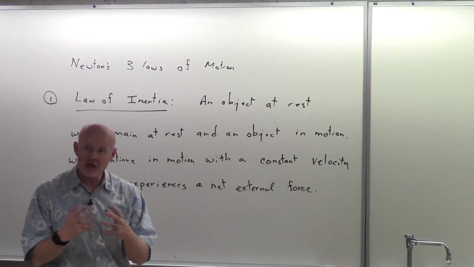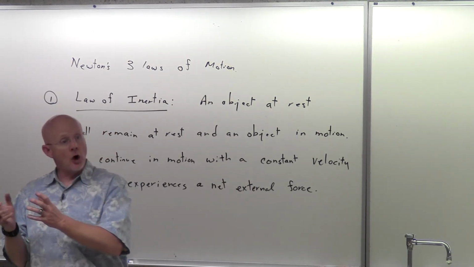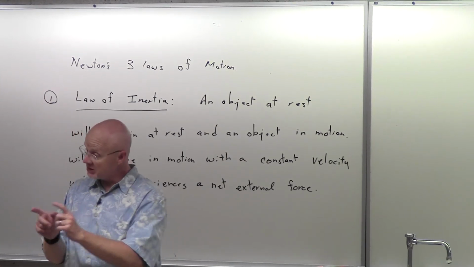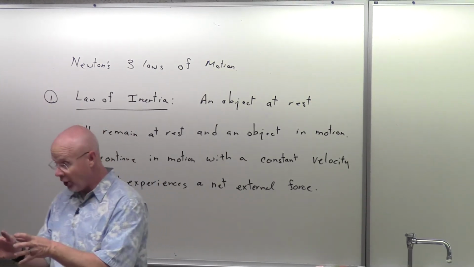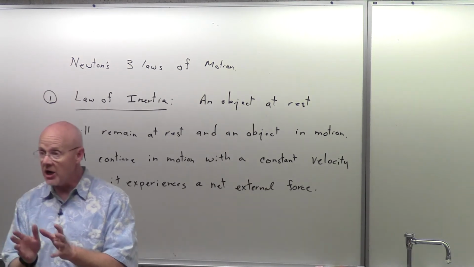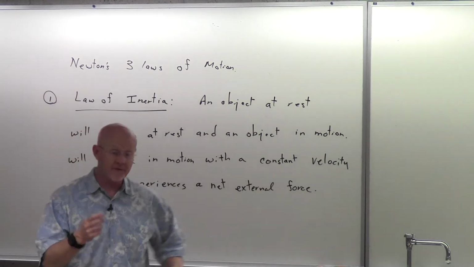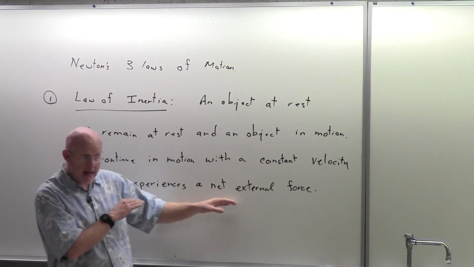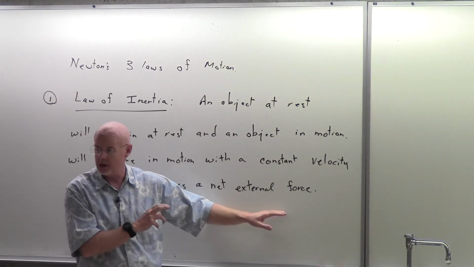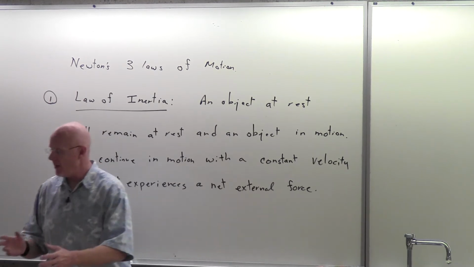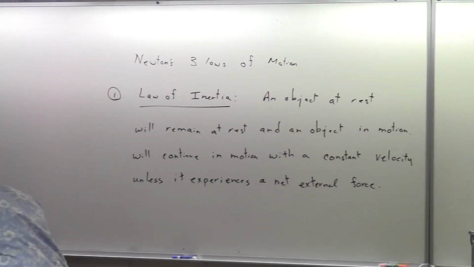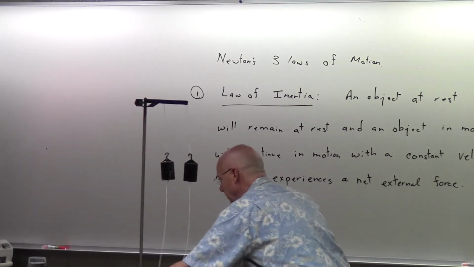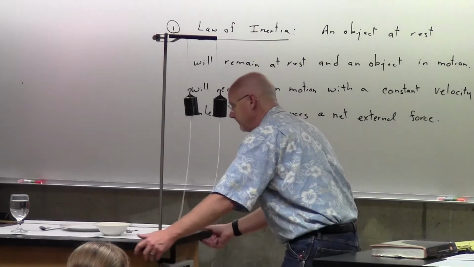And so for things to either go from rest to moving, or if they're already moving, for them to stop or to speed up or to turn, all of those involve changes. And those can only occur if there is what? What we're going to call a net external force here. And so maybe the easiest way to illustrate the law of inertia is with a couple of different experiments, this being one of them.